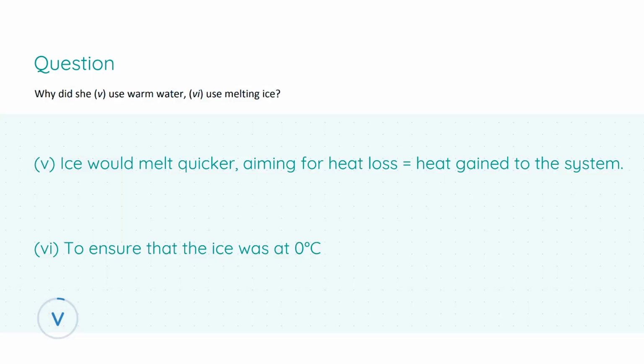Okay, so now we're asked, why did she use warm water and use melting ice? Okay, so looking at part 5, she used warm water because the ice would melt quicker, aiming for heat loss equal to heat gained in the system. So no heat loss to the surroundings or heat gained from the surroundings.